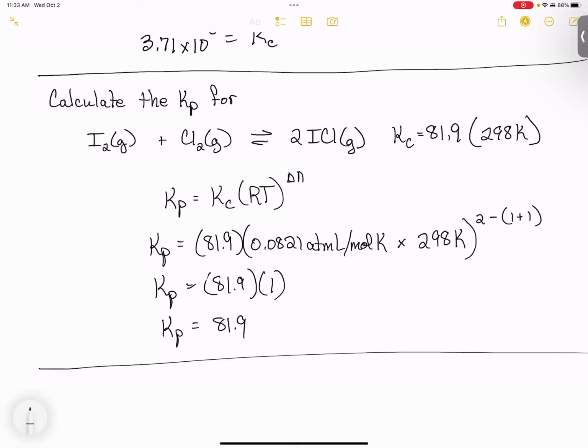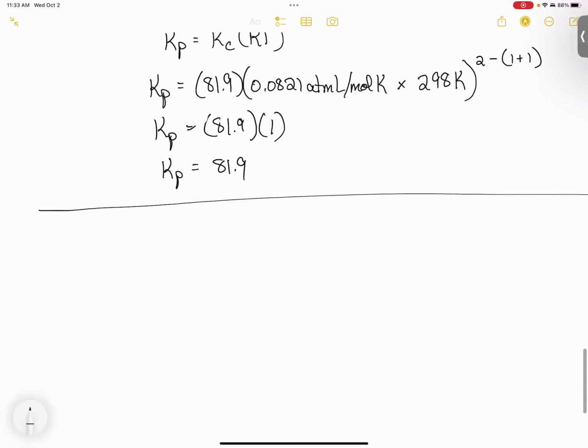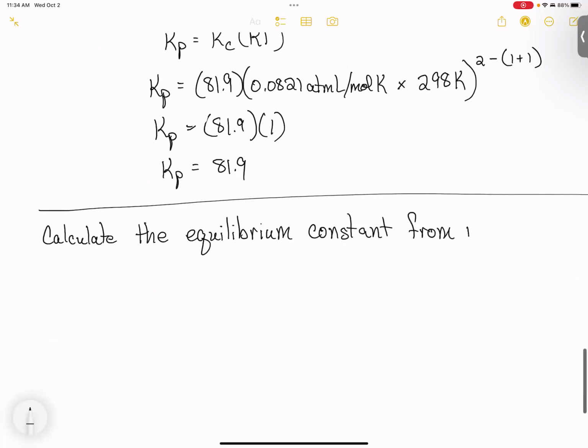Then what we're going to do next is calculate the equilibrium constant from measured concentrations at equilibrium.